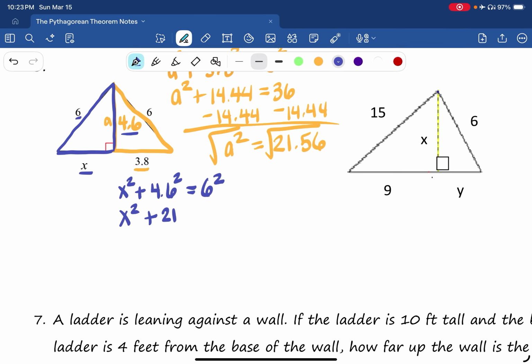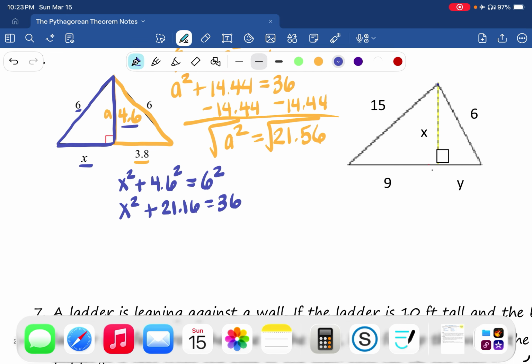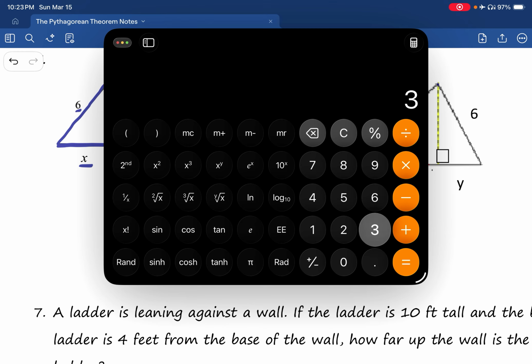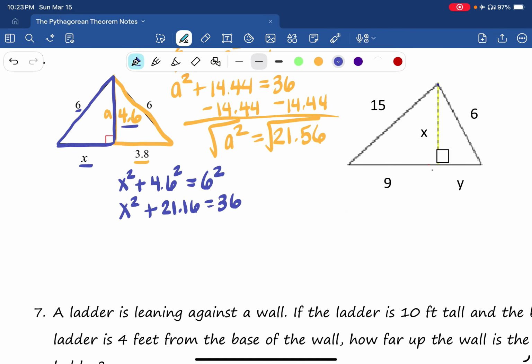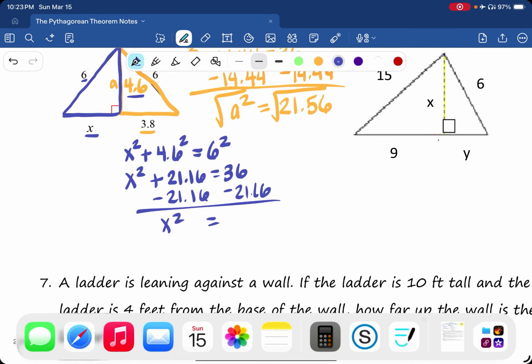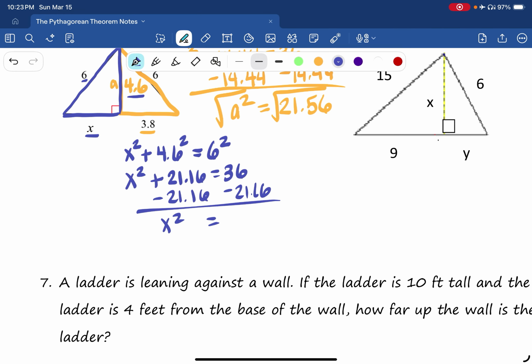Actually, I'm going to keep that until we finish the problem, and then we'll round to the nearest tenth to keep it more accurate. And so now we'll take 36 minus 21.16, which is 14.84. So we subtracted that, we said 14.84.